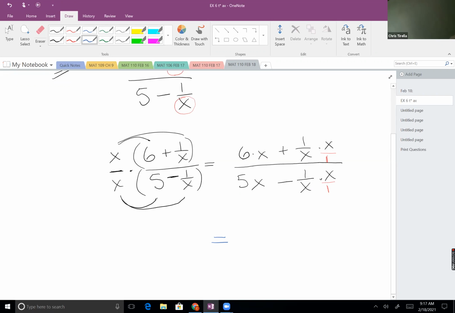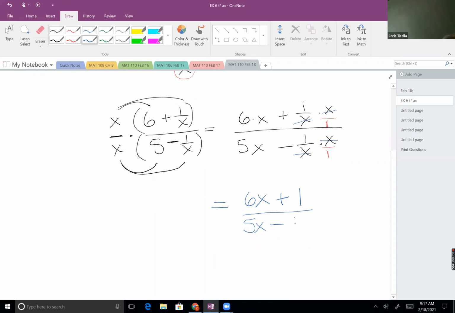So in the numerator, 6 times x is 6x. And then I can think of simplifying that product, and I just get 1. In the denominator, 5 times x is 5x. And then when I multiply 1 over x times x over 1, again, I can think of those x's dividing out, simplifying that product.